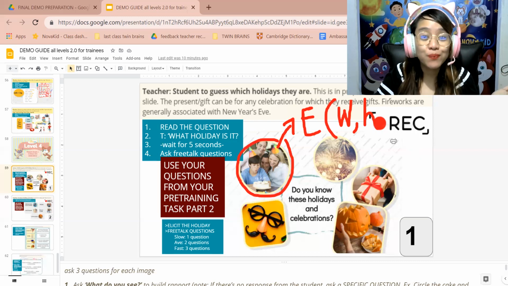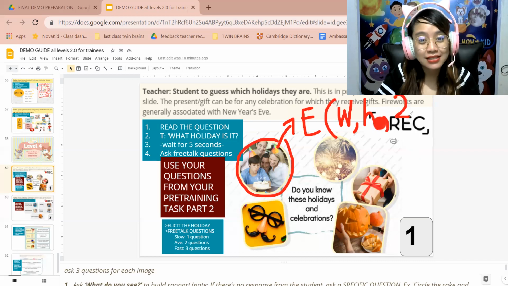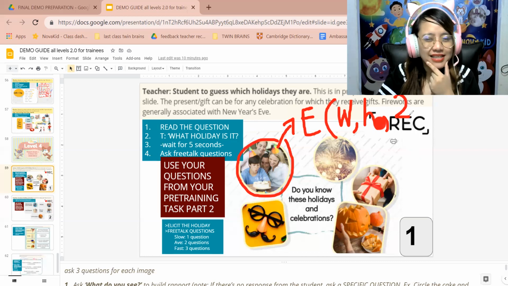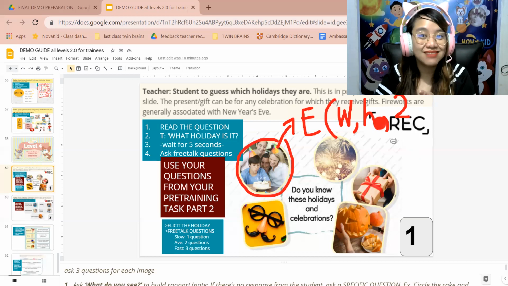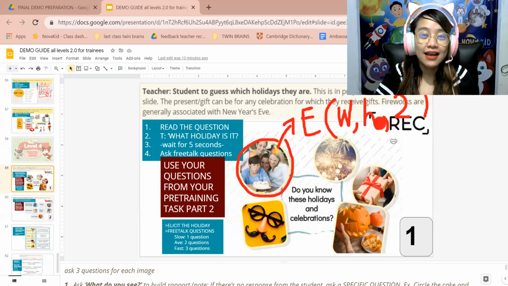And we also have a birthday cake. And then you can also give two choices. Is it April Fool's Day or birthday? So that is how you elicit the holiday.